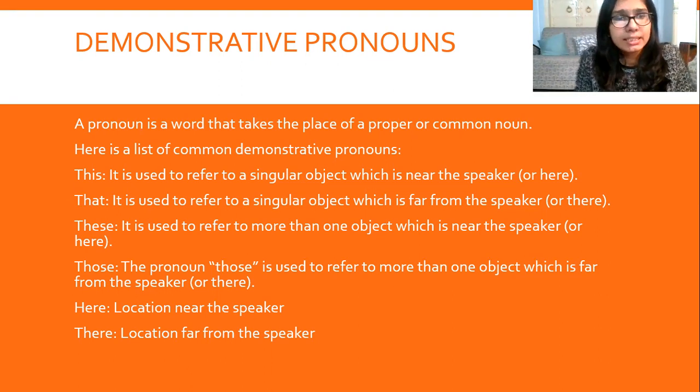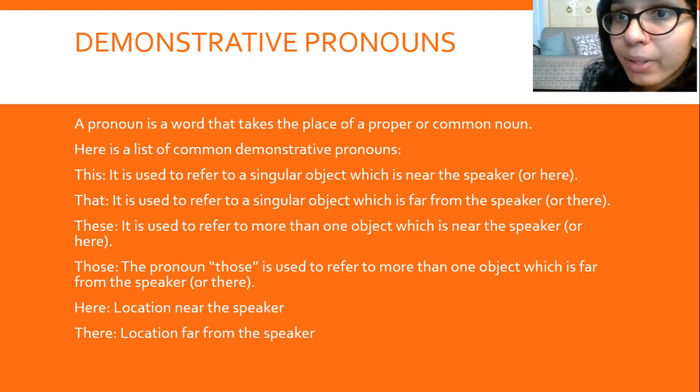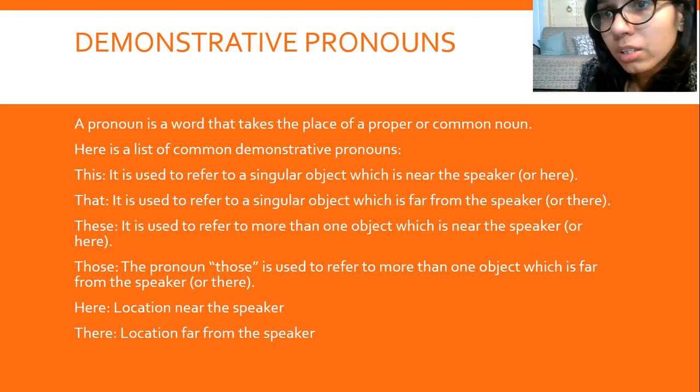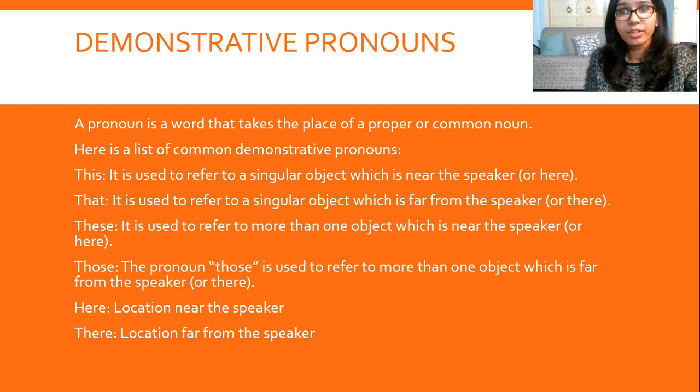These is used to refer to more than one object which is near the speaker, or here. For example, if I say about the flowers, these flowers are so beautiful. So I'm referring to these flowers that are around me.